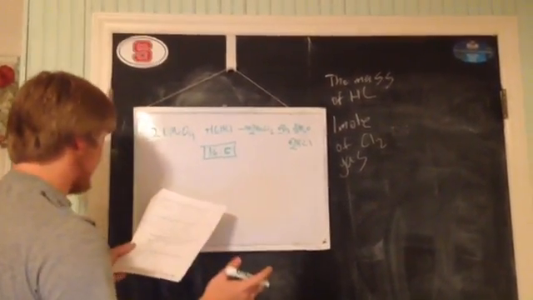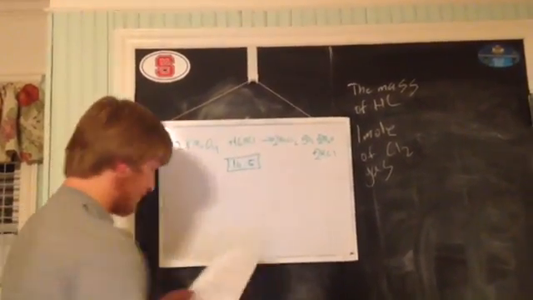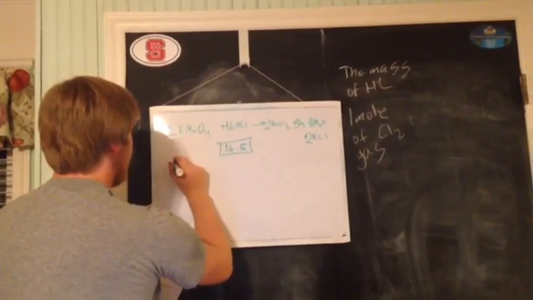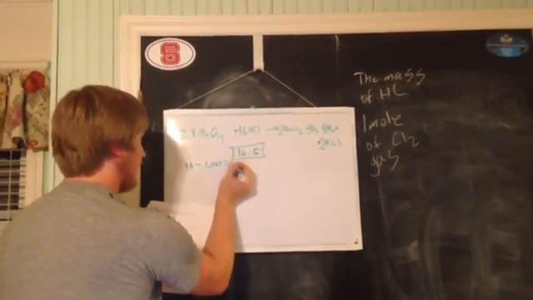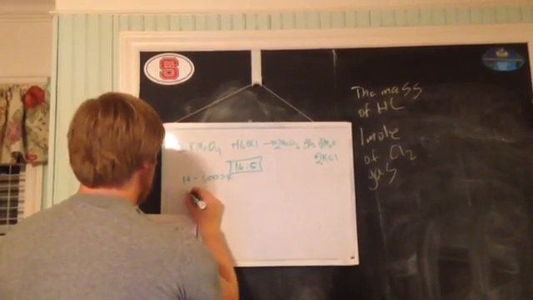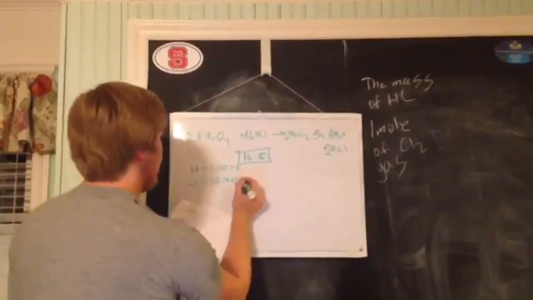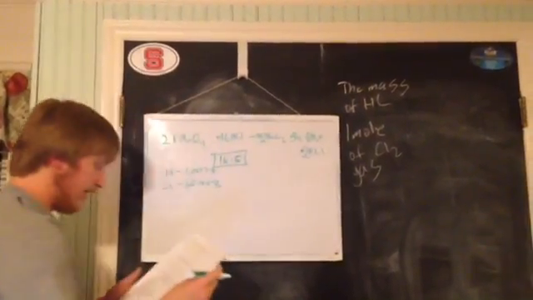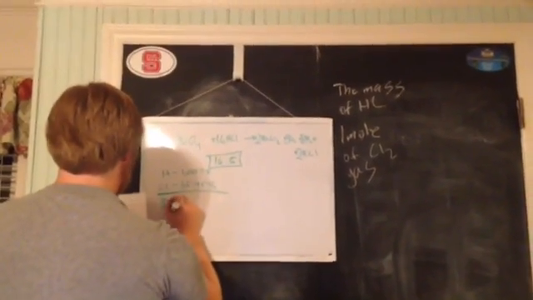Right. So after you do this, you simply find the molar mass. Of H, it is 1.0079, and Cl, it is 35.453. You add it up and get the molar mass, which is 36.453.